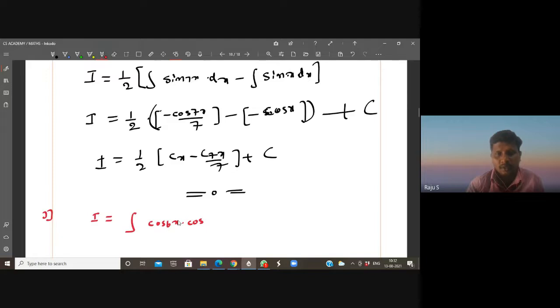It's better to take cos 6x and cos 4x here because 6 plus 4 becomes 10 and 6 minus 4 becomes 2. You may also take cos 6x and cos 2x at one place, and cos 4x separately. Otherwise, you can do it as it is, no problem.